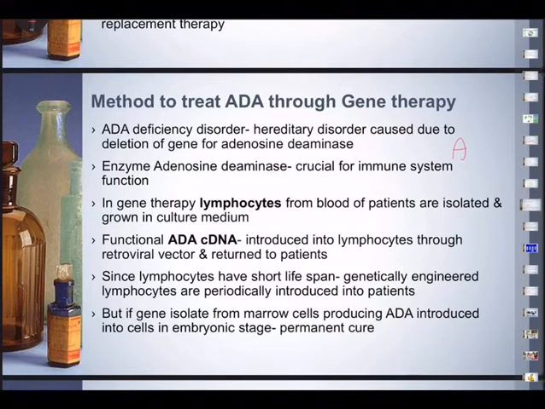The best known form of autosomal recessive SCID is caused by ADA deficiency, in which infants lack the ADA enzyme, and this enzyme is very much necessary for the survival of our own soldiers, namely T cells.